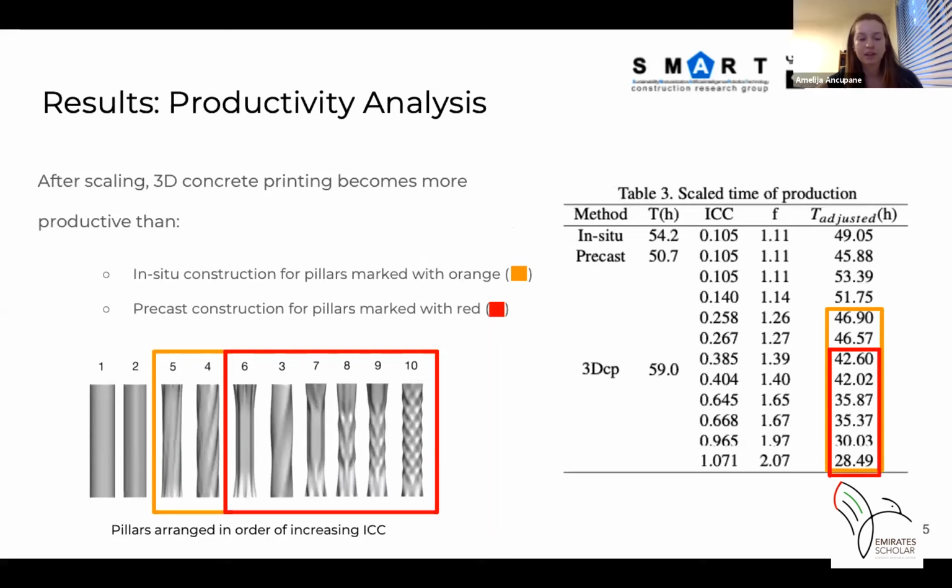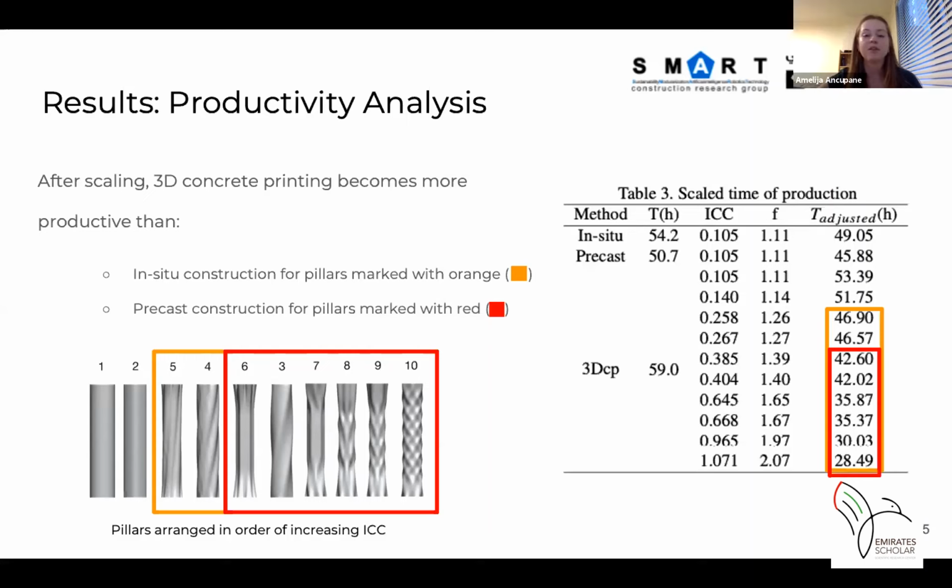For the productivity analysis, we used some data from a productivity study by the co-authors of this paper. The study provided duration of construction for a similar size circular concrete column if constructed by in situ, precast, and 3D concrete printing methods. The ICC value for these columns was assumed to be the same as for pillar 1, which has the same circular shape.